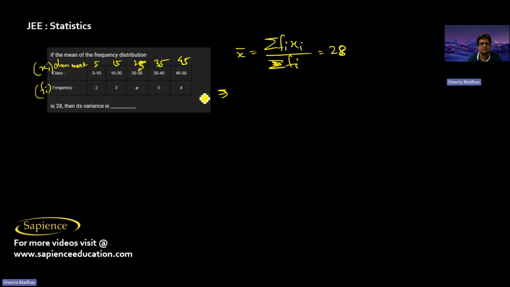So now summation fi xi will be 2 fives are 10, plus 3 fifteens are 45, plus x into 25, 25x, plus 5 into 35, that is 175, plus 4 into 45, that is 180. So that divided by 2 plus 3, 5, plus 5, 10, plus 4, 14, plus x, is equal to 28.